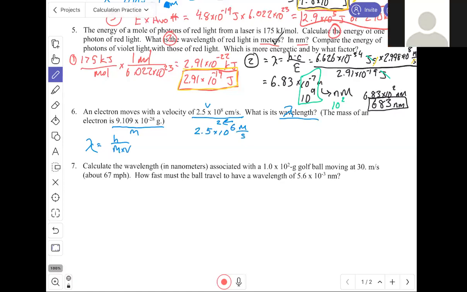Okay, so I need to do the same thing with this mass. This mass is in grams and I need it in kilograms. So from grams to kilograms, I'm moving how many places in which direction? 3 places to the left.